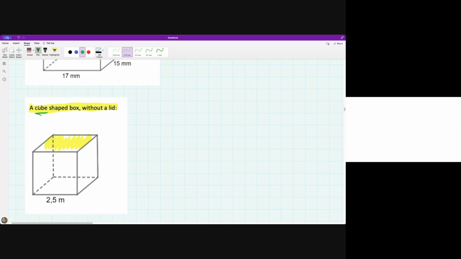What does it mean if it's a cube? It means this is the same as this, and this is the same as well. This is 2.5 centimeters.